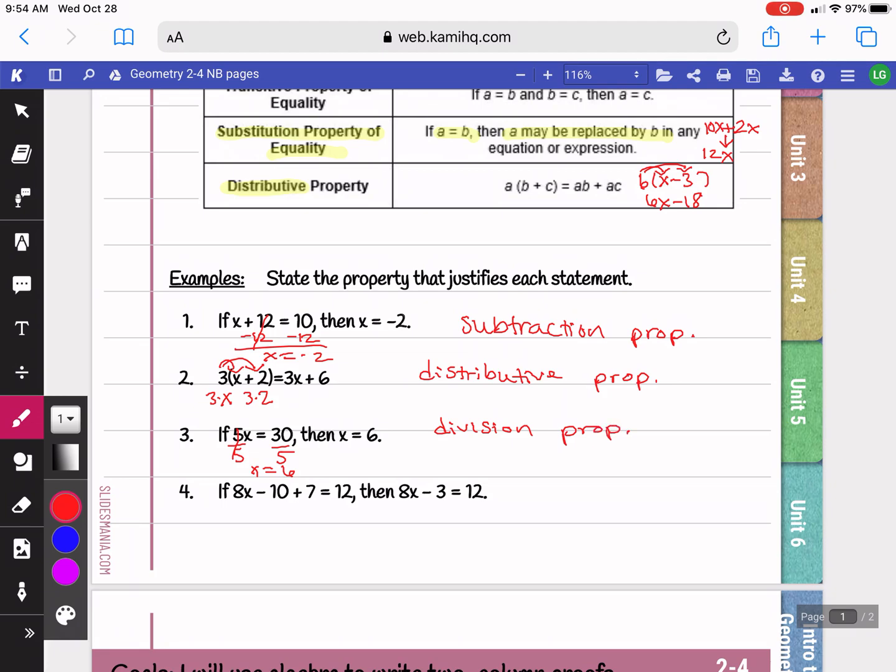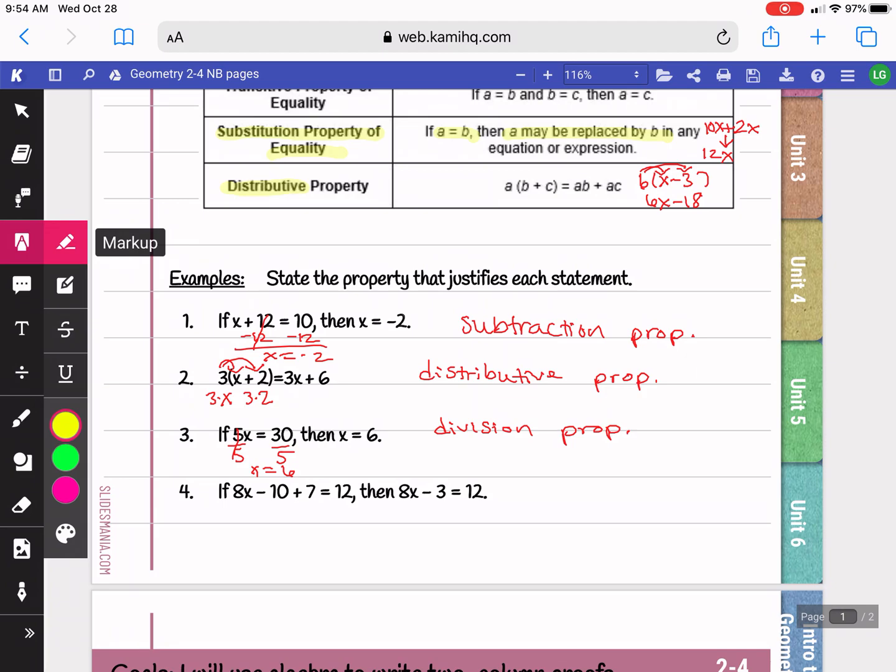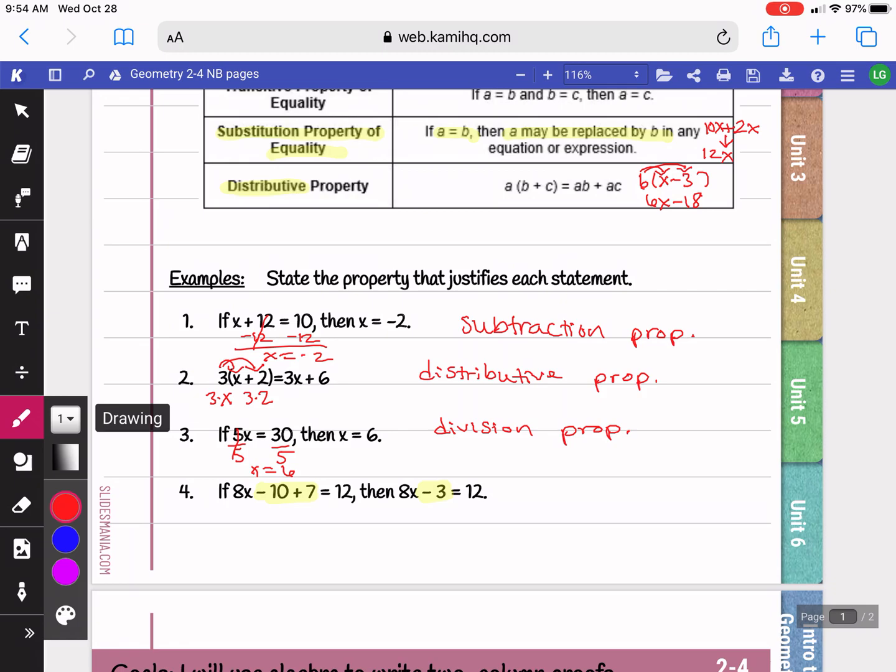And in problem 4, we have if 8x minus 10 plus 7 equals 12, then 8x minus 3 equals 12. Here what they did is they combined like terms. They combined negative 10 plus 7 and replaced it with negative 3, because negative 10 plus 7 is negative 3. So since they're replacing something with what it's equal to, they're actually using the substitution property.